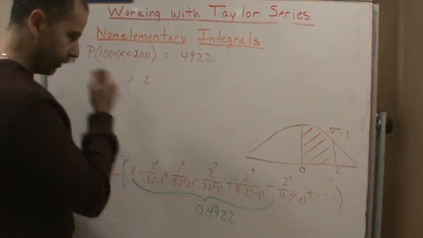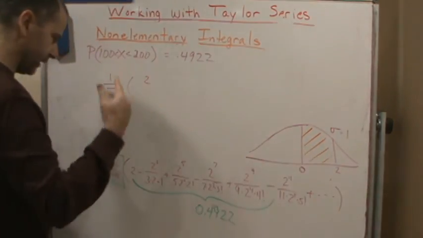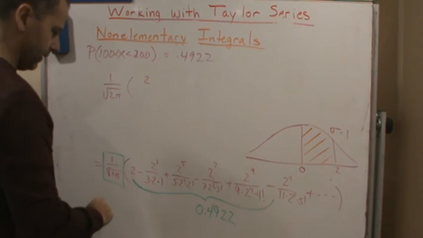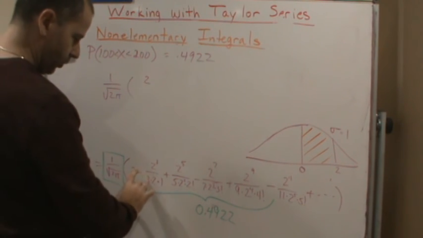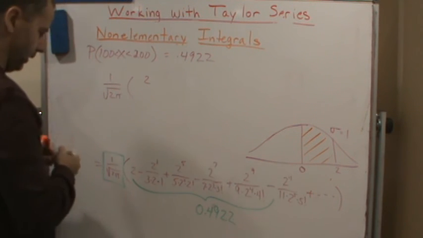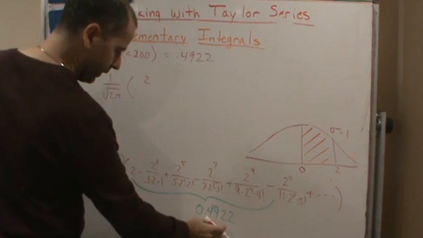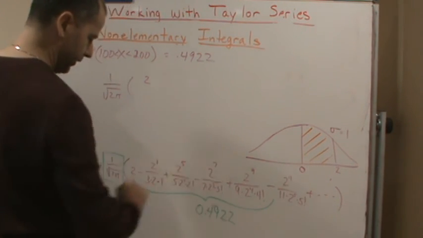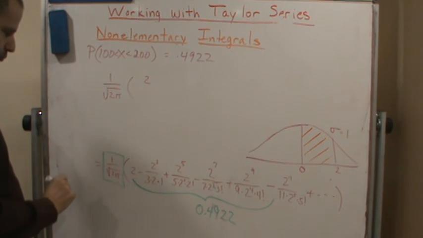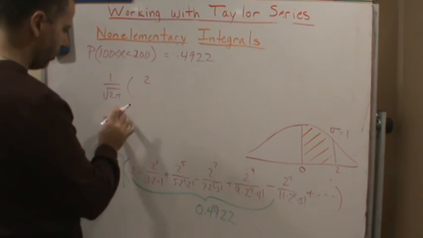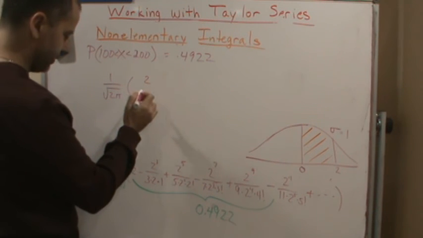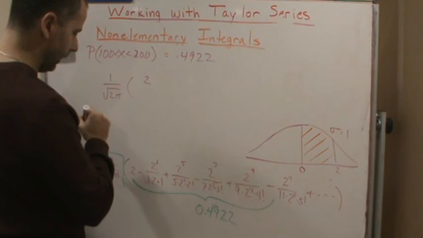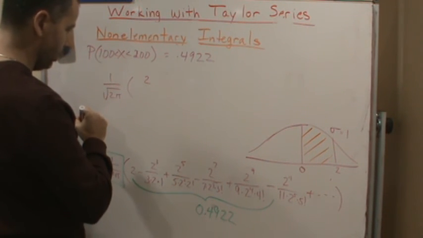So my mistake, we're going from 0 to 2. For some reason I got stuck with 0 to 1. But still, we're only evaluating these at 2, and so the first 5 give us the 0.4922. Okay, so I knew something wasn't looking right. So now this is going to end up giving us this.